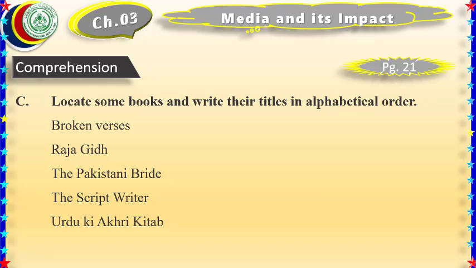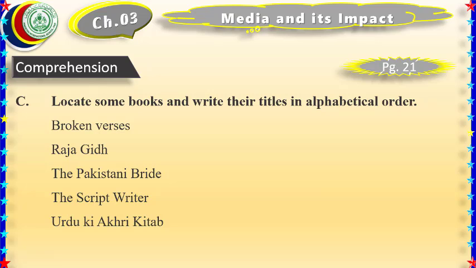We are set to locate some books and write their titles in alphabetical order. To write the names in alphabetical order is the exercise that you are doing from your junior classes. You are very well aware. These are the books which I have mentioned here. It is not necessary to mention the names of these books. You can mention here the books which you like the most.